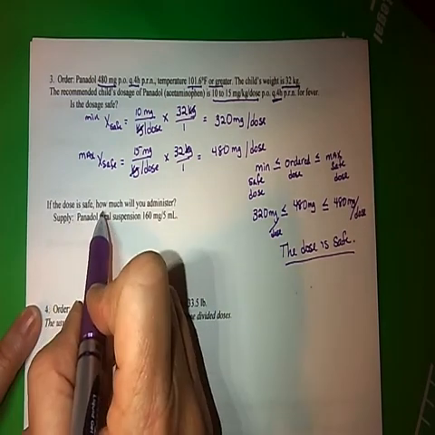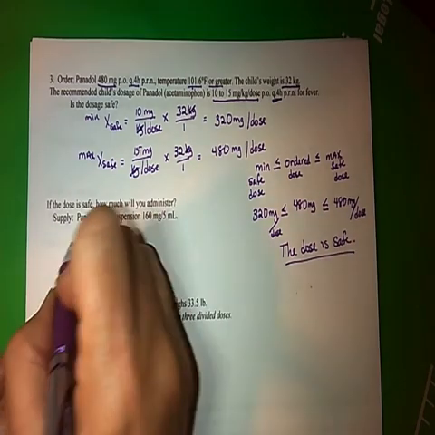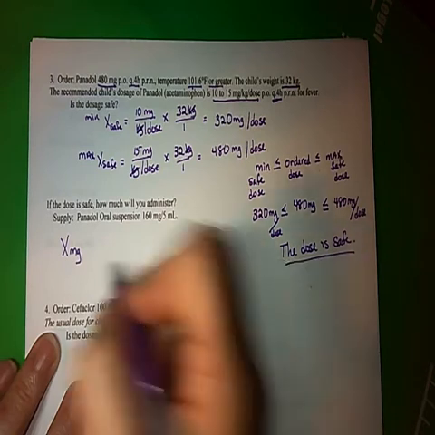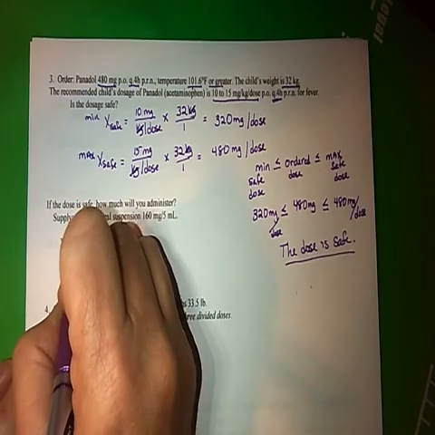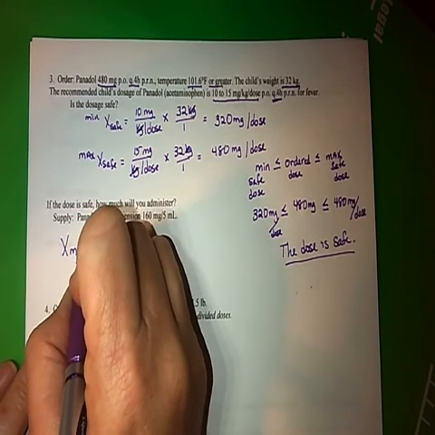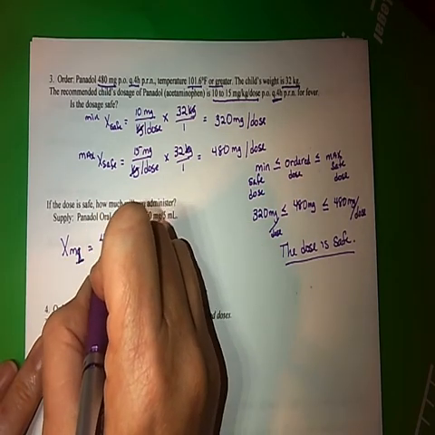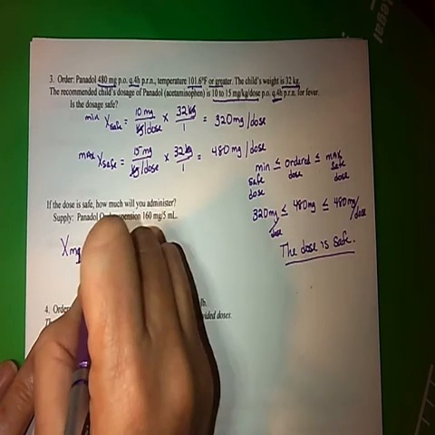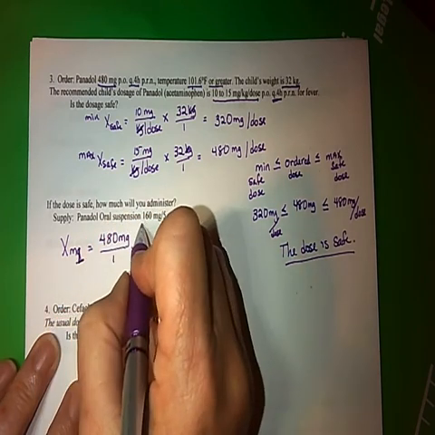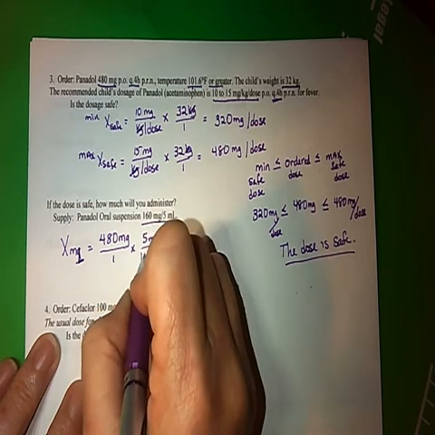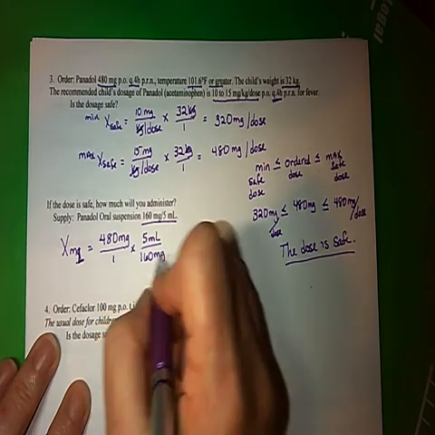So if the dose is safe, how much will you administer? I'm going to administer X milliliters, not milligrams, X milliliters, which is my doctor's order of 480 milligrams because it's safe, times my supply, which is 5 milliliters over 160 milligrams.